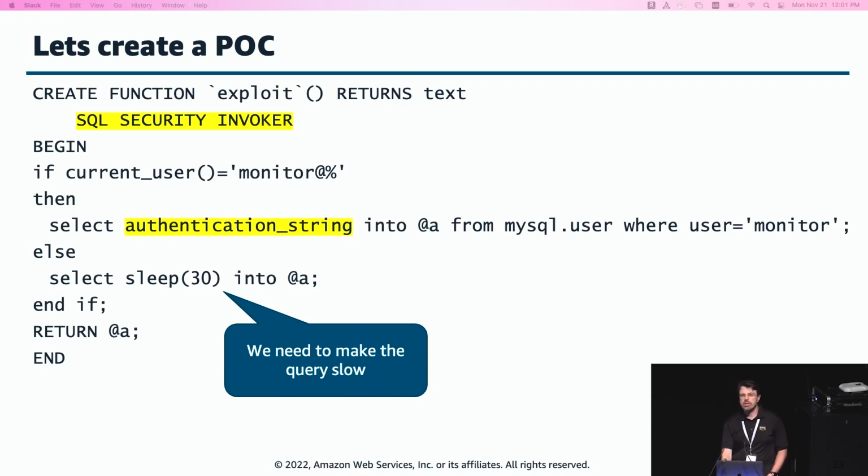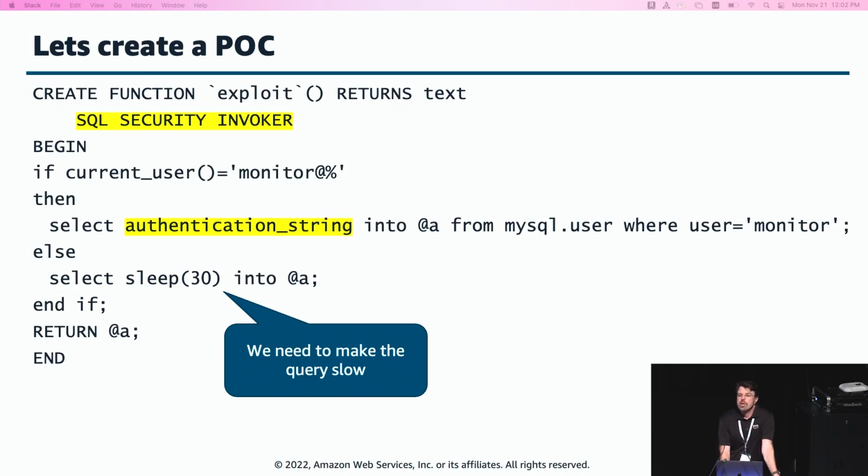So inside of that function, I can select my password, well, anyone's password, from the MySQL user. And then I will actually want to make it slow, so it will be picked up by the monitoring system. So I'm checking here if the user who is running this function is monitor, then I will retrieve the authentication string.